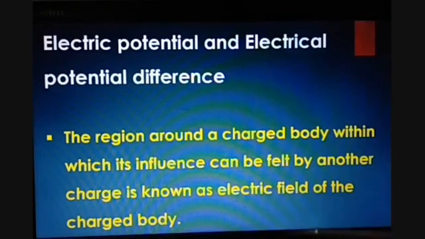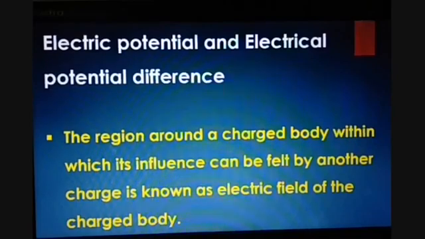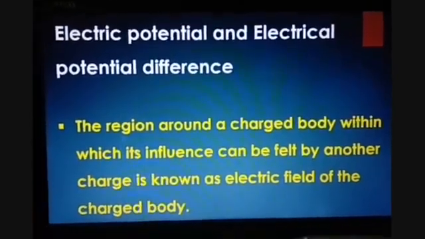So we have a charged body, and it has a region around itself such that when another charge is placed in that region, then that charge will experience a force. That electric force can be a force of attraction or a force of repulsion on the basis of the type of charge kept in the field of another charge.